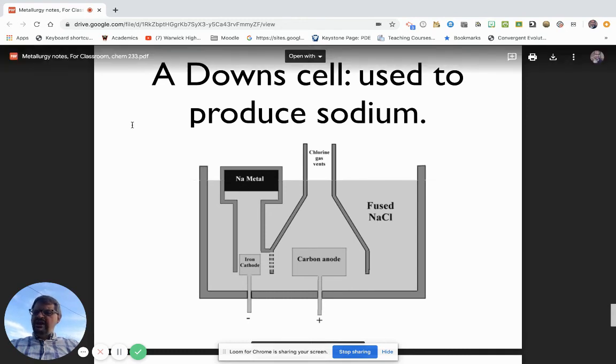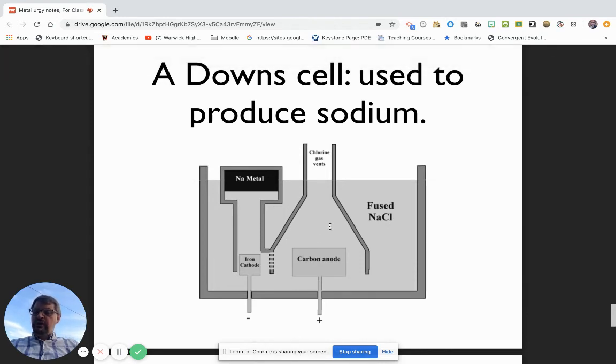So the way a Downs cell works, that's what you see here. You take sodium chloride, table salt basically, and you run an extremely strong electrical current through the salt. And with enough energy from the electrical current, you can actually give electrons back to the sodium and to the chlorine, and the elements will separate from each other.